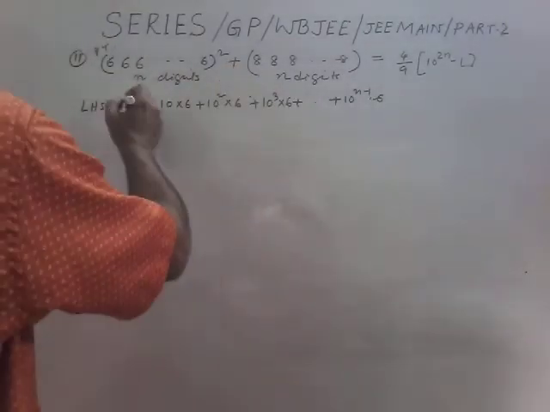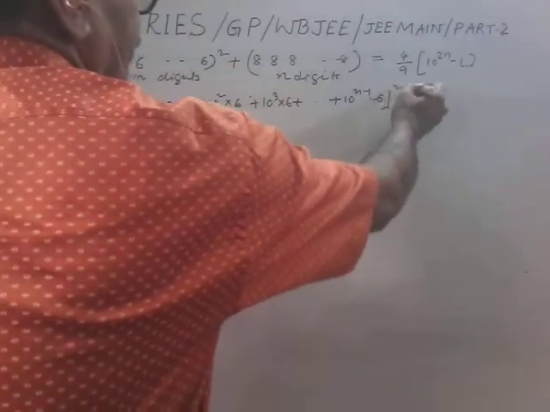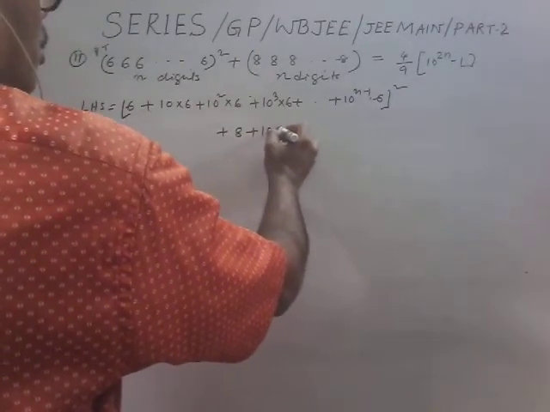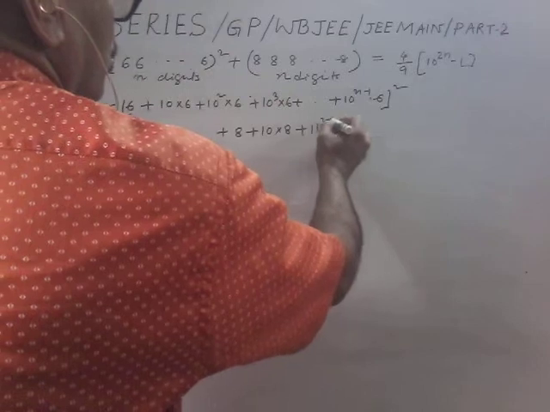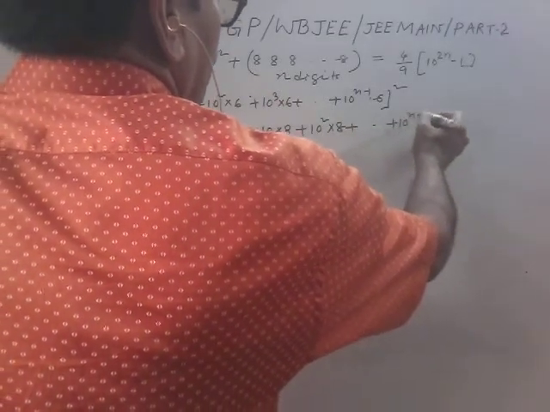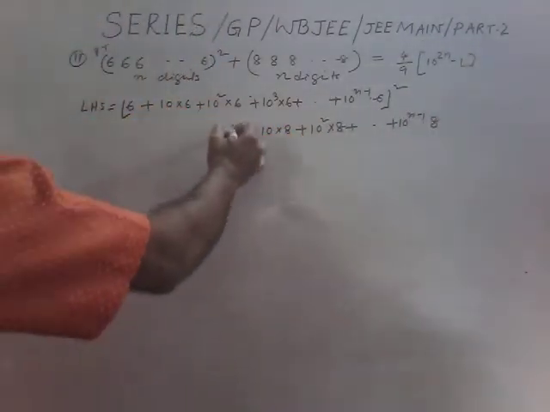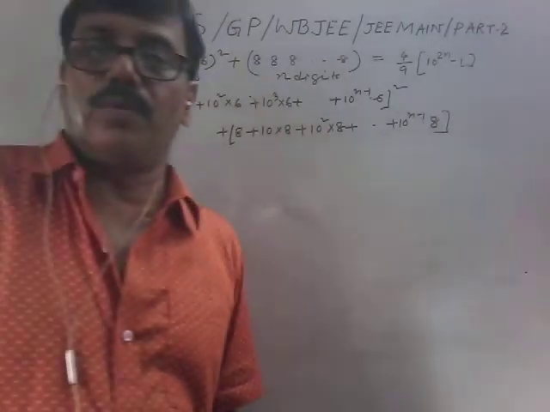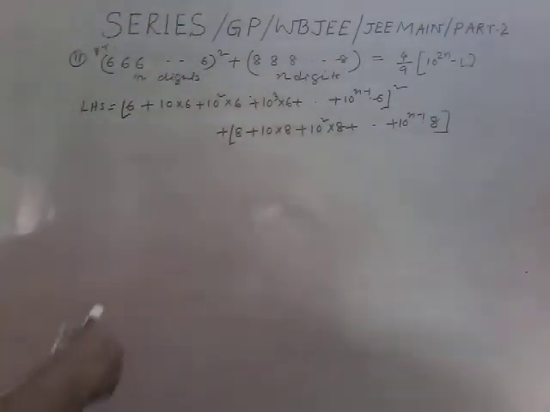Now for the second one, 8 plus 10 into 8, 10 square into 8, up to 10 to the power n minus 1 into 8. So it reduces to the problem of the sum of a GP series.